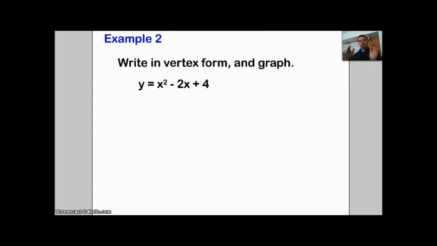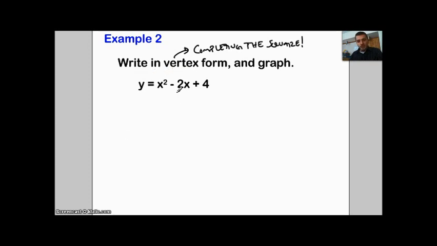Now, here's where we get pretty intense. We're going to talk about writing it in vertex form. In order to write in vertex form, we're going to have to do some completing of the square. So let's do it. Remember, for completing the square, we need a b value.